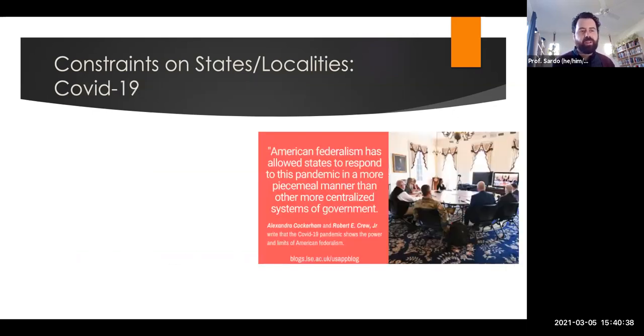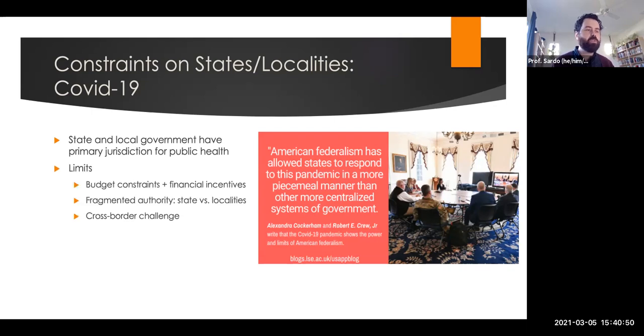But we can definitely see the constraints on state policymaking when we're talking about COVID-19. State and local governments have primary jurisdiction for public health. This is not an enumerated power of the federal government in the Constitution. But as we've seen, the budget constraints and financial incentives lead to lots of different decisions being made by different states, right?